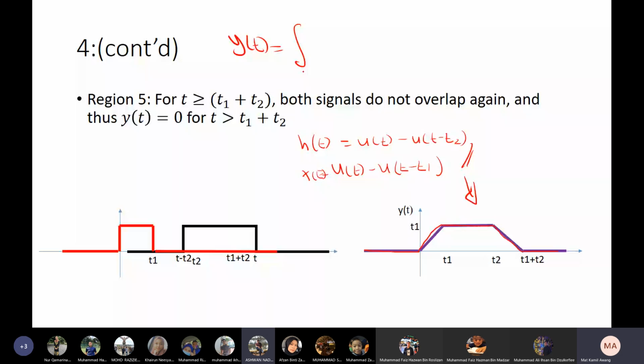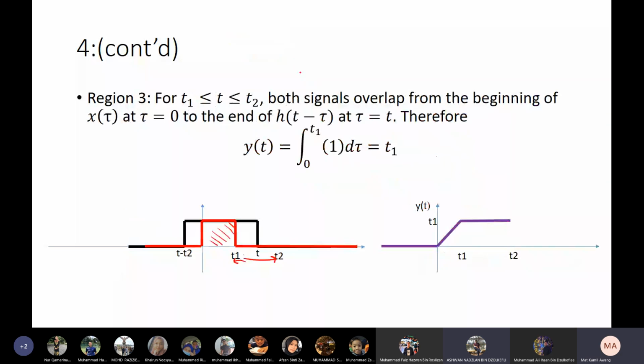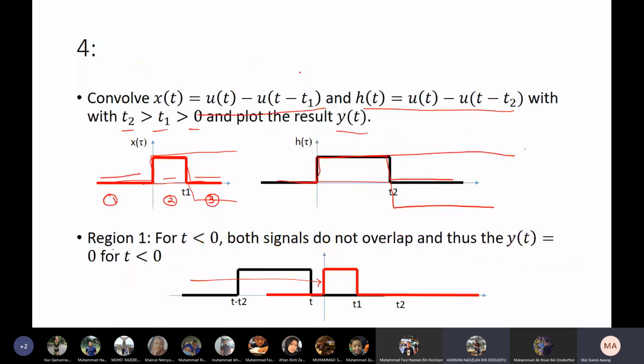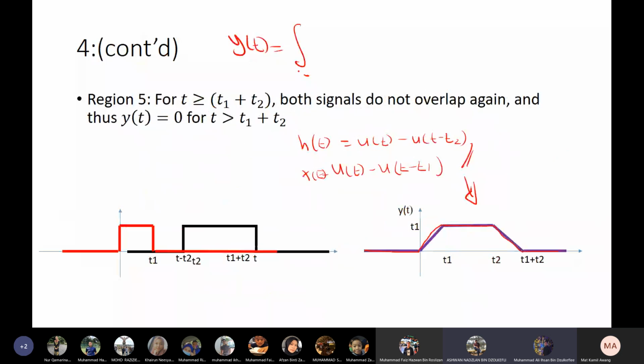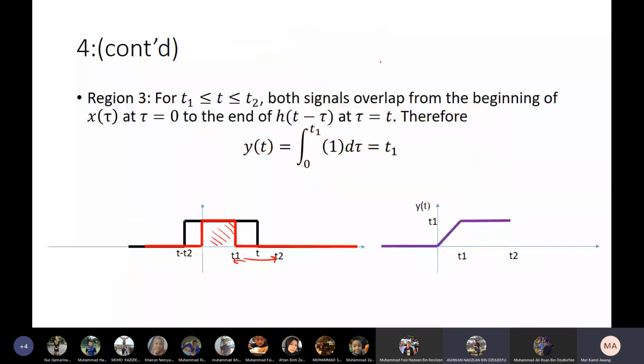This one, region 1, for t less than 0, is basically minus infinity to 0. It's actually 0 because there is no overlapping.